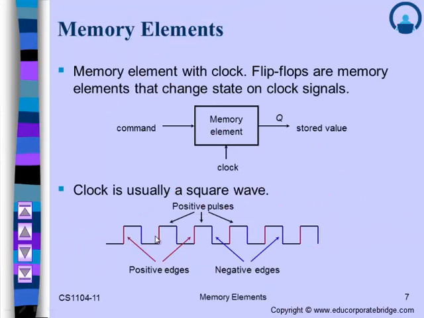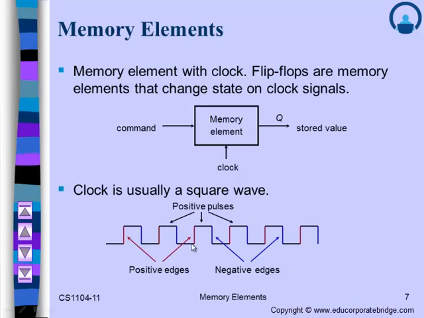The edge triggered are positive edge triggered and negative edge triggered, and the level triggered are the upper parts. That is, the state of the flip-flop or the sequential circuit changes when the clock has a positive level or negative level for level triggered. For a positive edge triggered flip-flop, the state changes when the clock rises from 0 to 1.